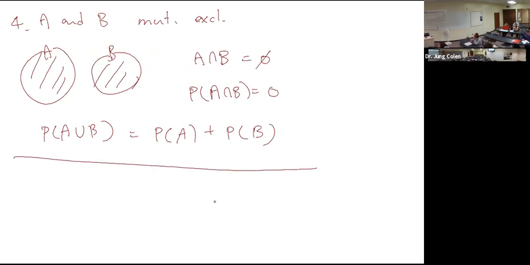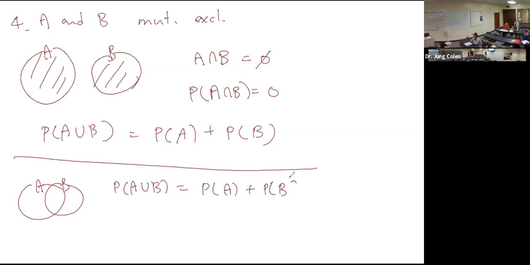But normally, for any case, we say that the probability of A union B is the probability of A plus the probability of B. Then we are counting this part twice, right? So you take away the probability of A and B, right? This works for mutually exclusive cases too.